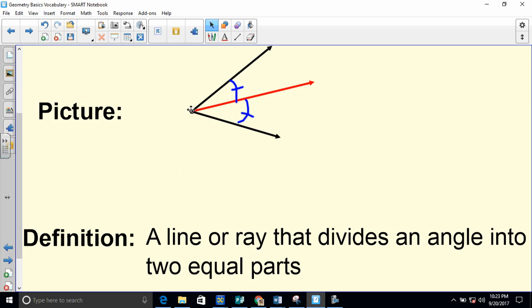So basically this red line is cutting this black angle in half. And these blue markings here are just showing you that this angle measurement and this angle measurement down here are the same. So when you have an angle bisector, that means it cuts the angle into two equal parts, and these two equal parts are the same. They have the same angle measure.